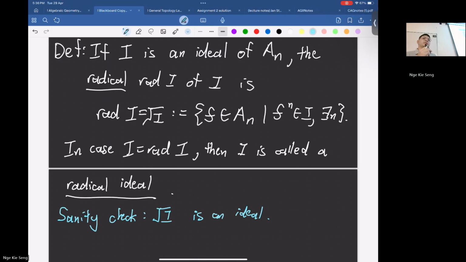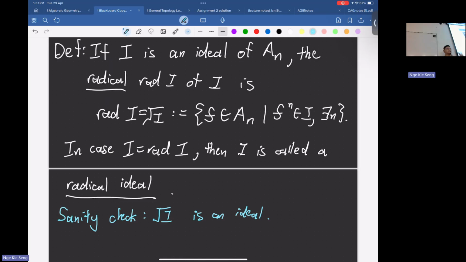I think multiplication is easier. If f lives inside this ideal, meaning f^n lives in I, you need to ask yourself, if f lives here, does rf live here or not? If rf lives here, it means r^n f^n also lives in I. But I is an ideal, so obviously that's living in I.